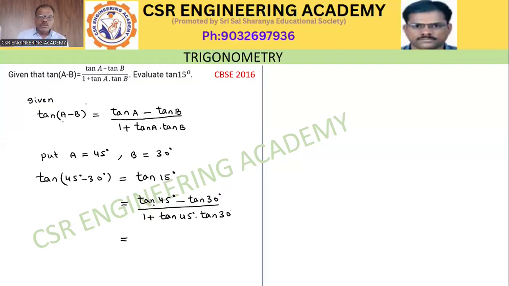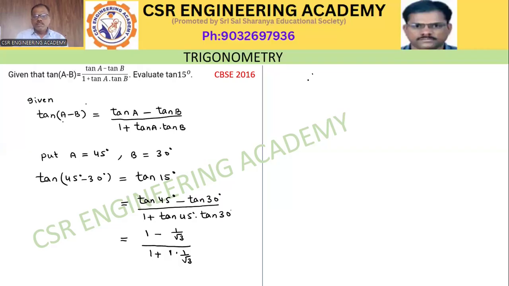Tan 45 degrees is equal to 1, tan 30 degrees is equal to 1 by root 3, so this is 1 minus 1 by root 3 divided by 1 plus 1 into 1 by root 3.